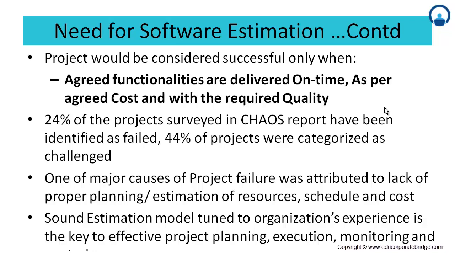So what that means is these projects are definitely not successful. So if you see, almost 2/3 of the projects have not been successful. So either they have completely failed or they are in a very bad state. This illustrates the importance of project estimation and planning.